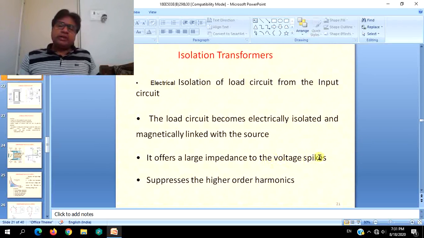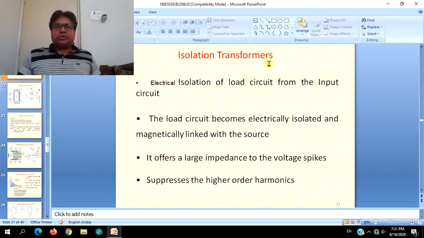Voltage spike is nothing but a sudden sharp rise or dip in the voltage, that is a high change in voltage. For that purpose, the primary winding should have more inductive reactance. Where it offers large reactance or large impedance, obviously that will be suppressed and its effect will not be carried over to the secondary side, which will be eventually fed to the load.